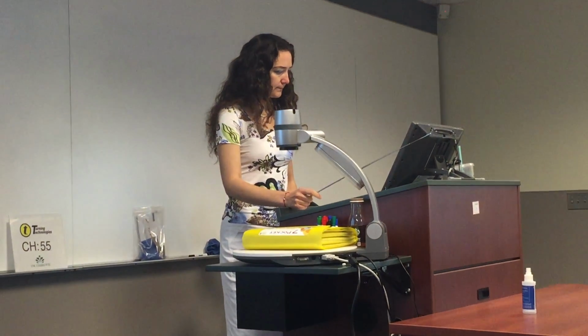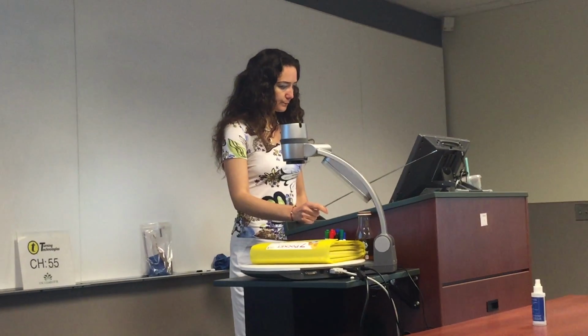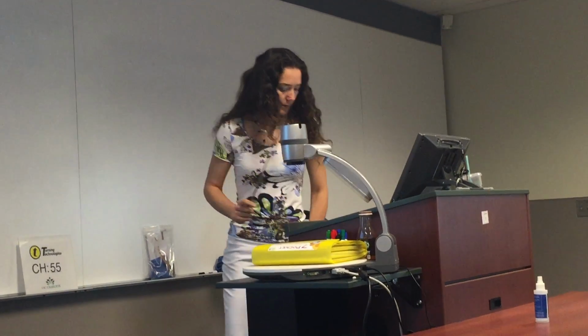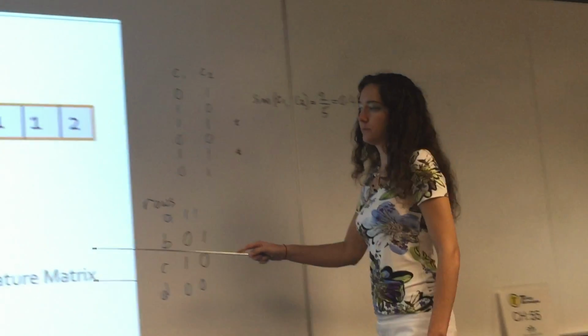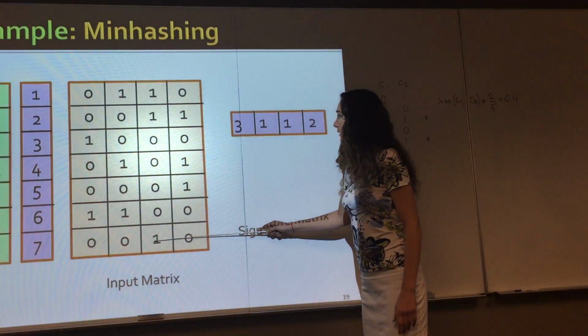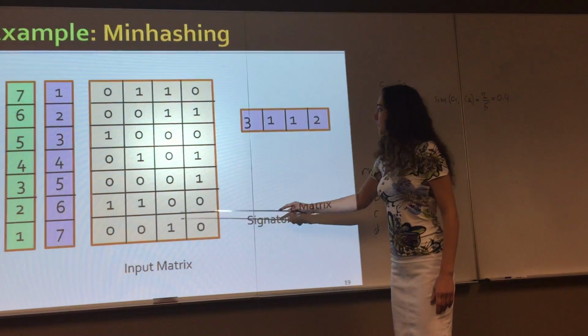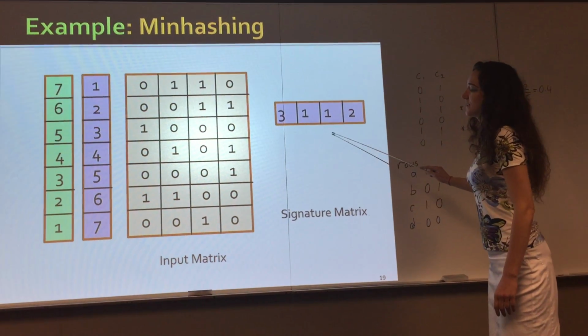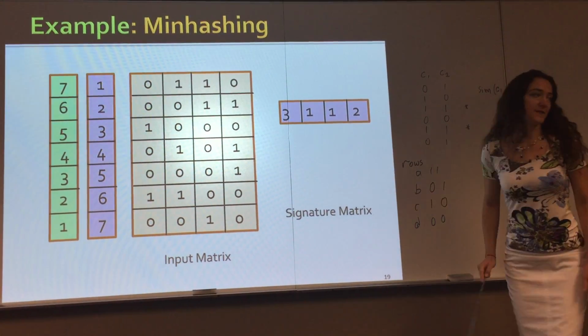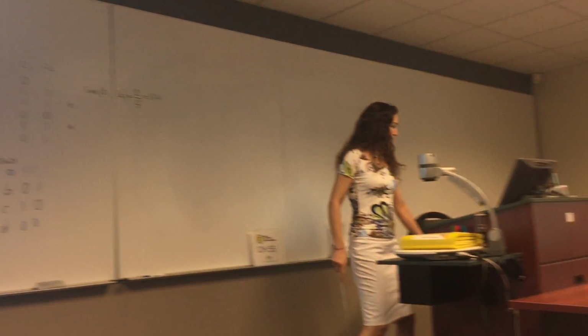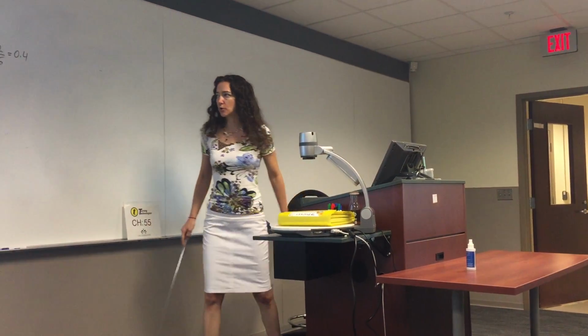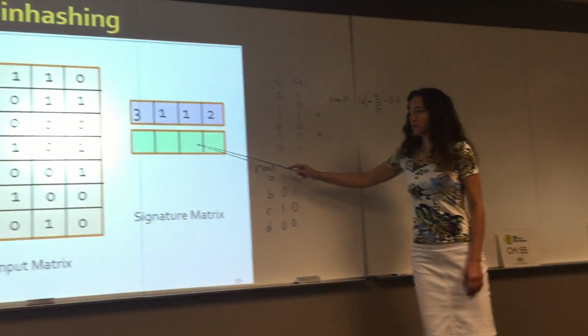There is a 1 here. We're looking for the ones, so we will put a 1 in that box for the second permutation.